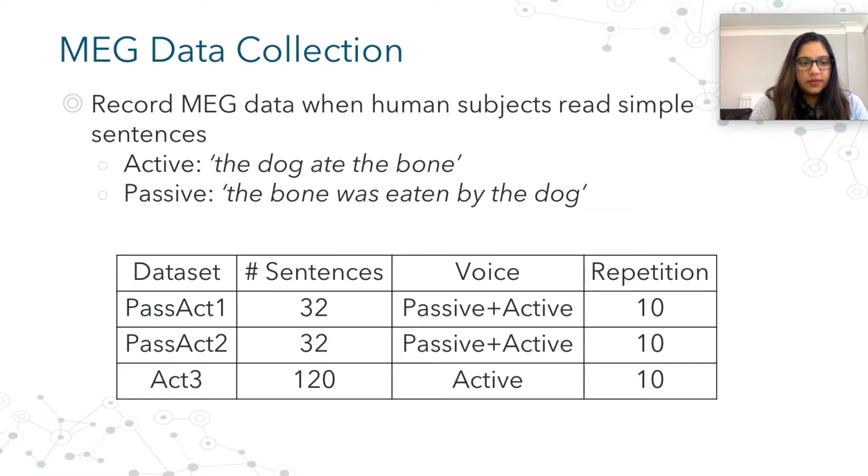Pass Act 1 and Pass Act 2 consist of 32 sentences, both in passive and active voice, while a third data set, Act 3, consists of 120 sentences with only active voice. In these data sets, each sentence is collected for 10 repetitions. An average of these 10 repetitions is then used to represent the sentence. Repetitions help in improving signal-to-noise ratio in MEG data collection.